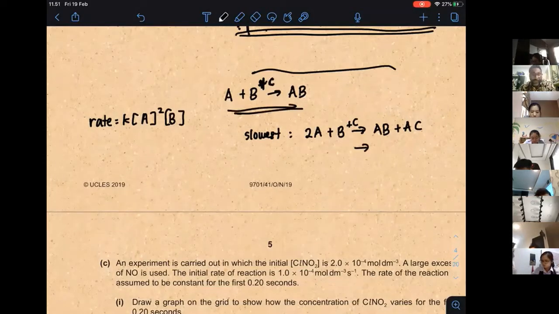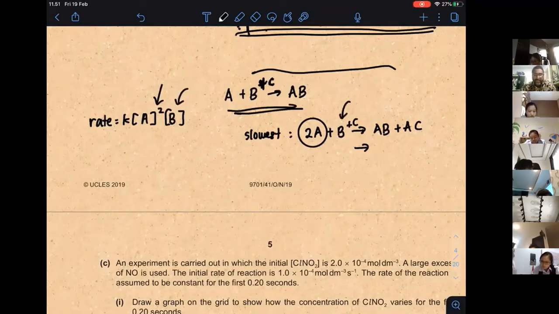I couldn't really write it down, but I hope you understand what I mean. I need to really put this 2 over there if I have 2 over here. This is very important. And it is also important your slower step must have B, because they are there.